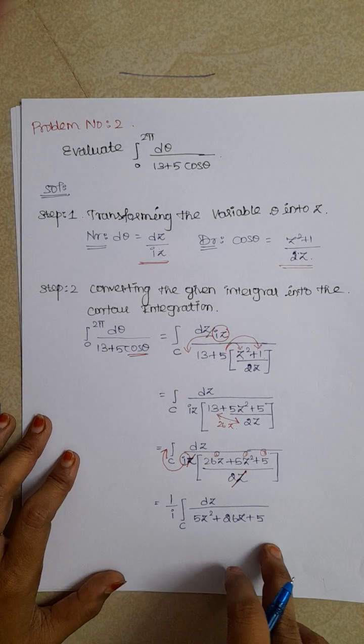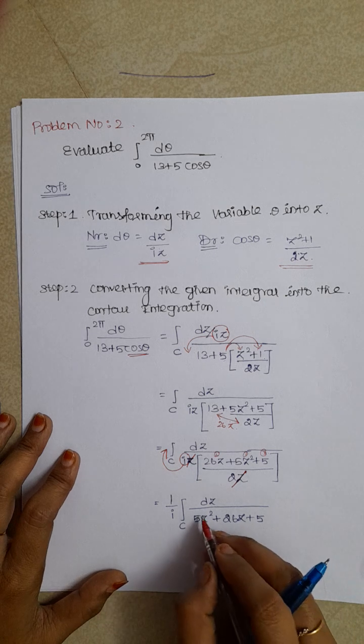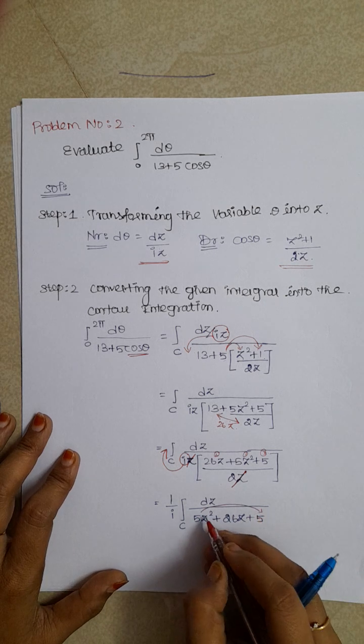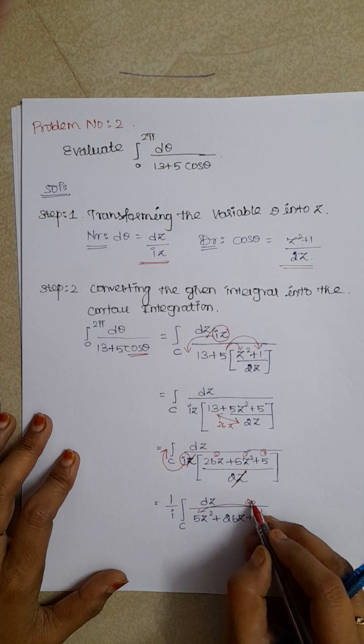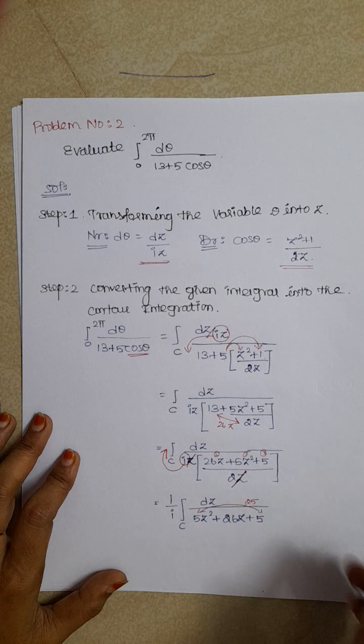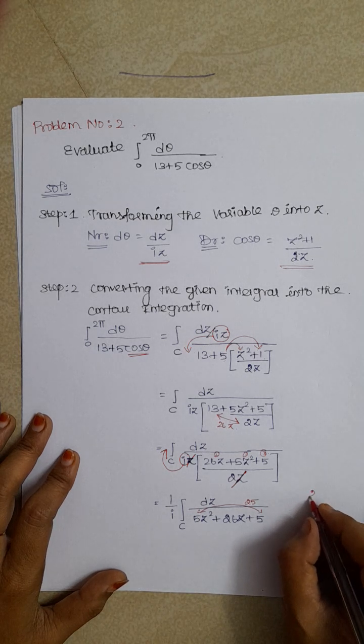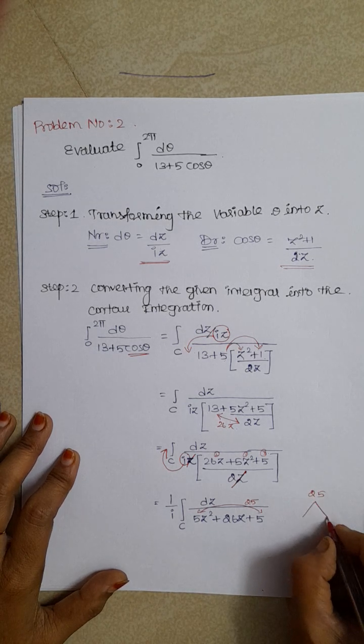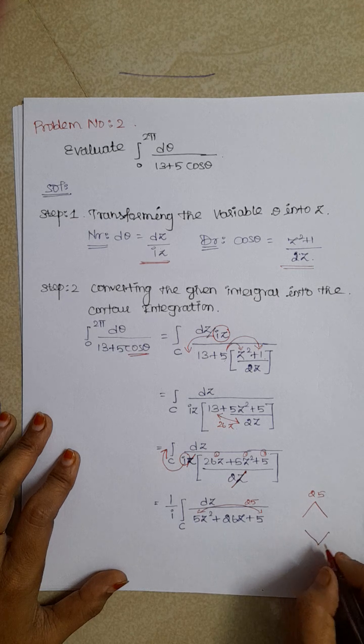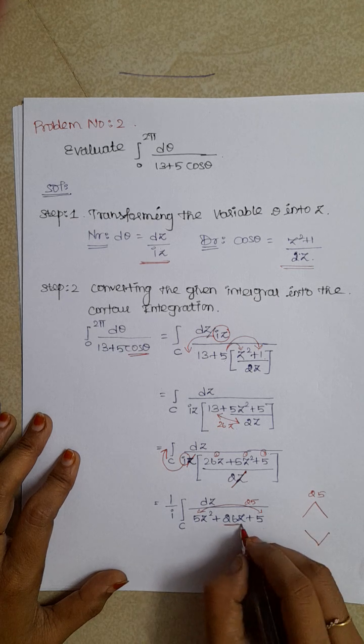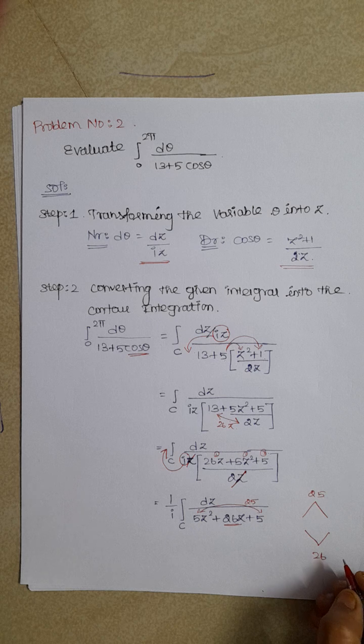Okay. You can factorize this term. 5 into 5 is 25, and the multiple is 25, adding to this term 26.